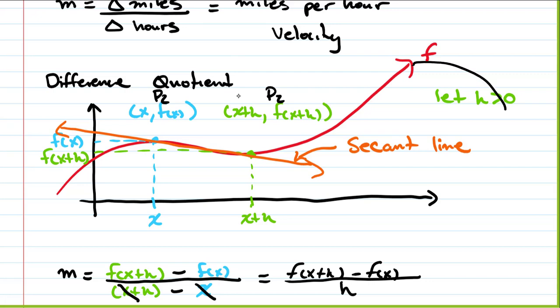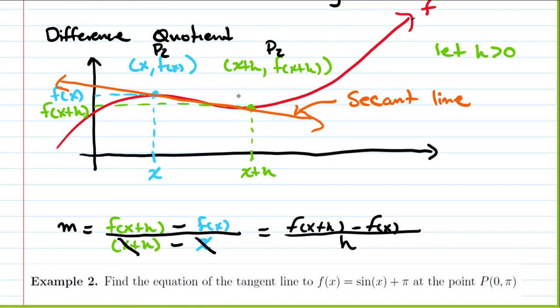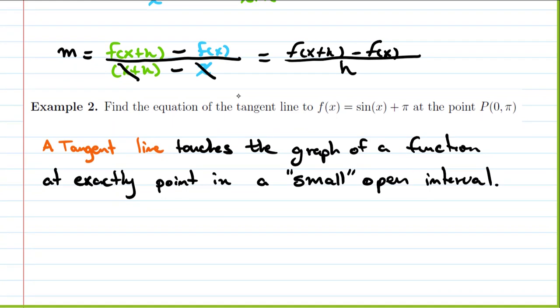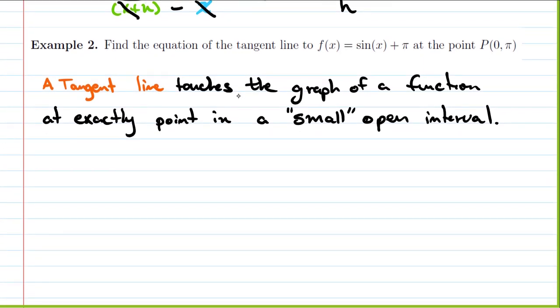That's why we say in some small interval: locally, it's only going to touch the graph once. We'll make this more precise in other sections, but for right now that gives us a pretty good intuitive idea of what it means.